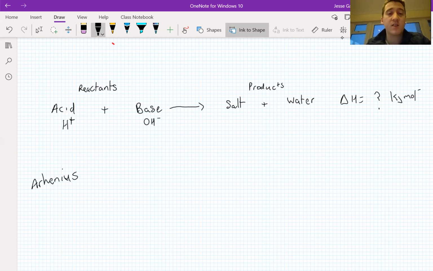We still accept it today. It's quite a good definition. It's not perfect because not every acid and base produces these particular ions, but most of them do.